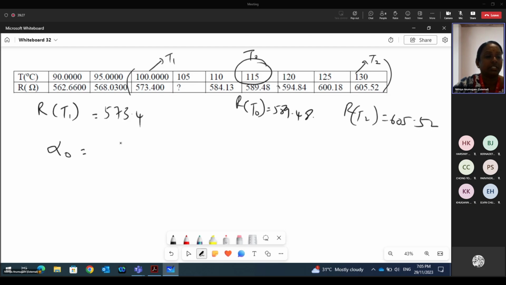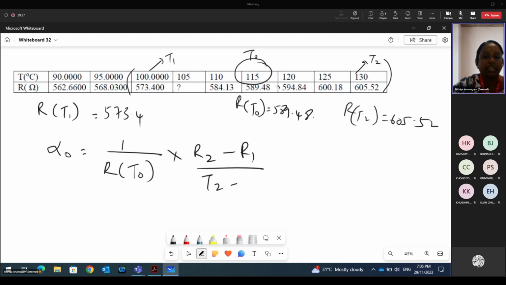So we can use this equation to calculate the temperature coefficient first, which we already derived earlier using the RTD equation, with T2 minus T1. Substituting the values: RT0 we have, R2 we have, R1 we have, T2 we have, T1 we have.